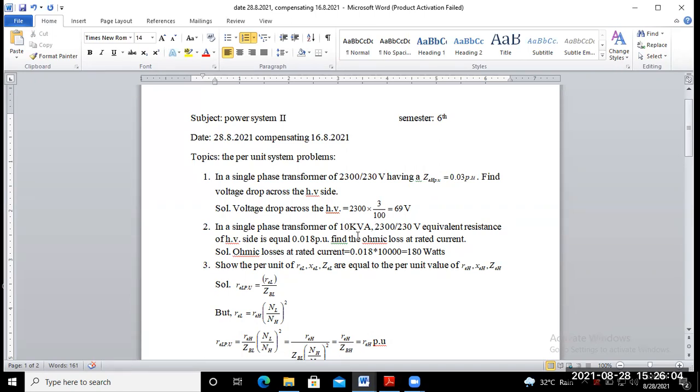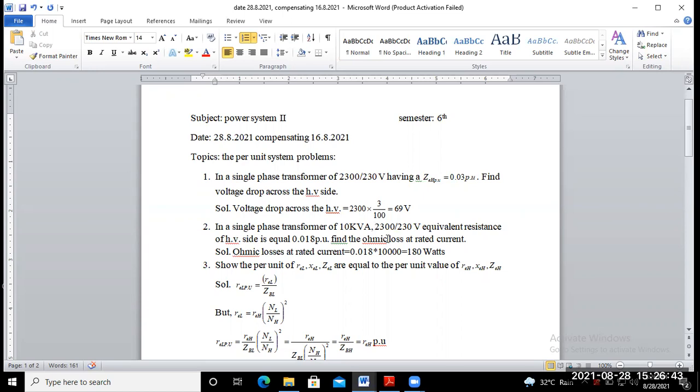So 10 into 1000 becomes 10,000, and this is directly multiplied by the equivalent resistance drop on the high voltage side, given as 0.018 per unit. That will provide the ohmic loss value for the resistance on the high voltage side, and that gives us the ohmic loss at the rated current.